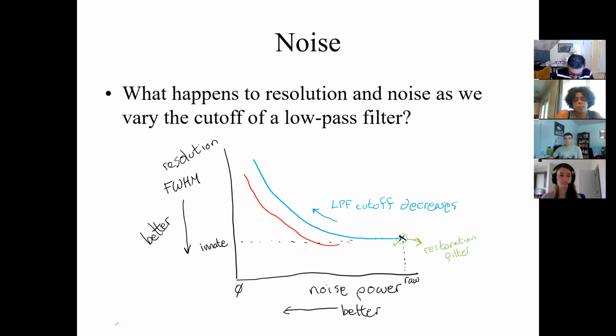I hope it's fairly clear that we're in the frequency domain, and I'm just drawing this in one dimension. As I change the cutoff of a low pass filter and make it less and less, the resolution gets worse, because it's going to blur out the full width half maximum, or blur out the point spread function more and more and more.